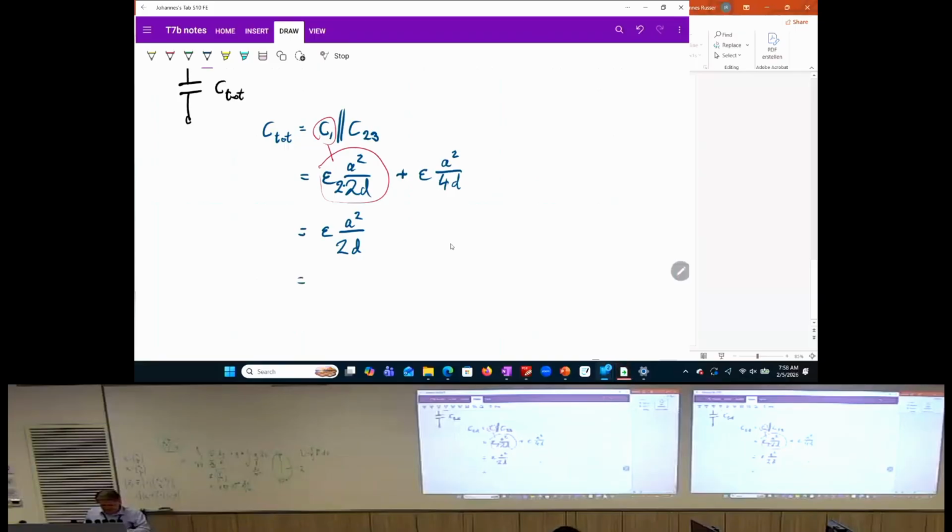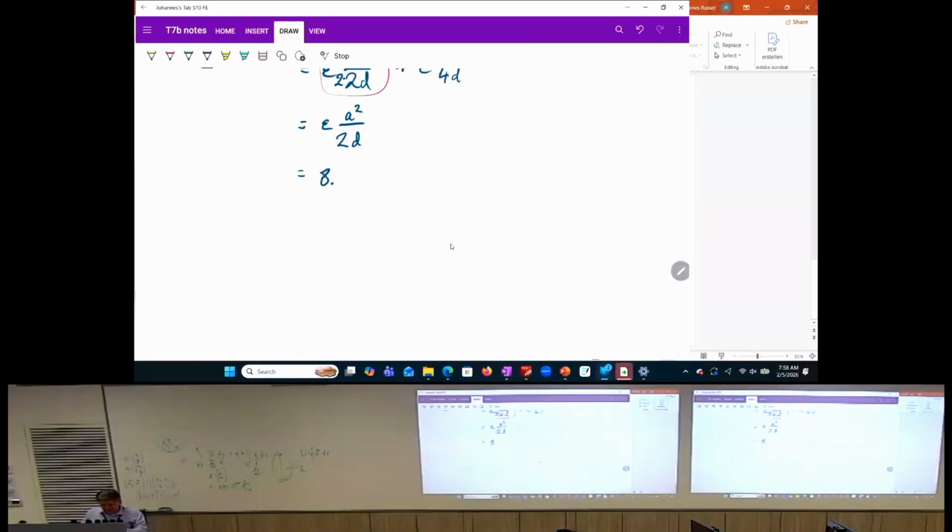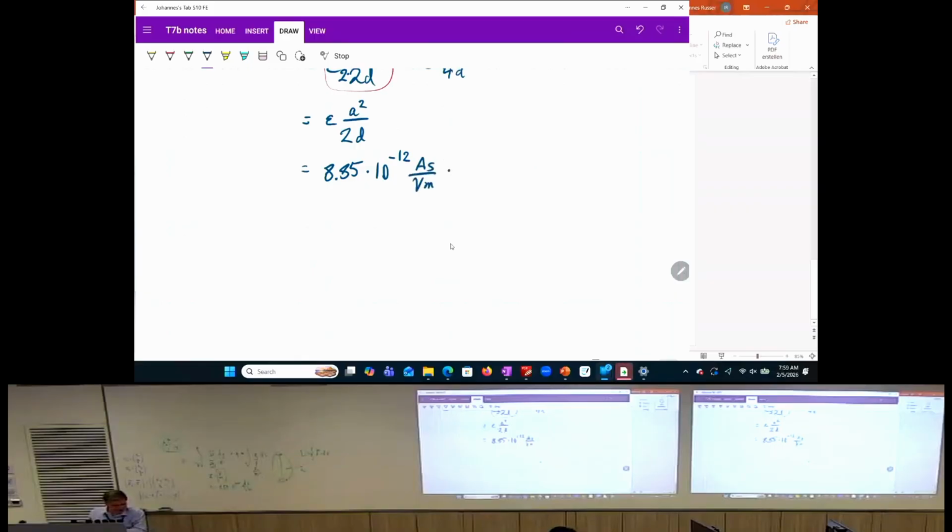We put in for the epsilon, what is given as permittivity? The epsilon is given as 8.85 ampere second per volt meter, and you enter here 0.01 square meter for A, which is 10 centimeters, and here you get 0.02 meter, and then you get 44.3 picofarad.